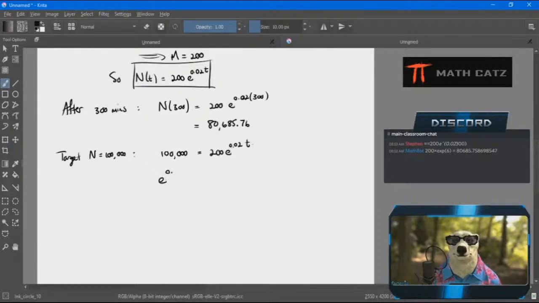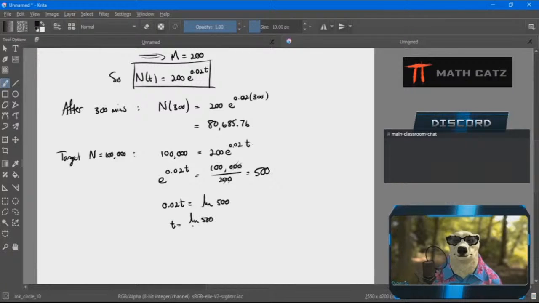So e to the 0.02t equals 100,000 over 200, which you can leave like that, or you can simplify it. In this case, it's going to be 500. So that means that 0.02t equals the natural log of 500. So t equals the log of 500 over 0.02. Let's calculate that.